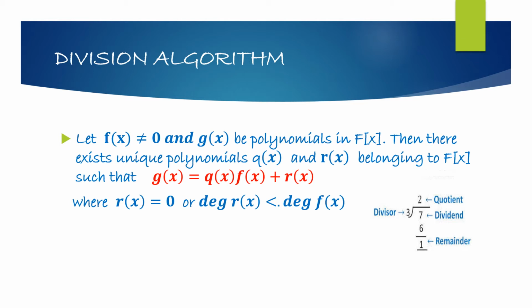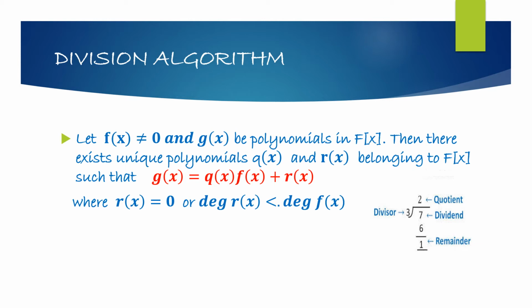What you are going to divide is called your dividend. Remember, the dividend is equal to the quotient q(x) into the divisor plus the remainder polynomial, where r(x) is equal to 0 or degree of r(x) should be less than degree of f(x).